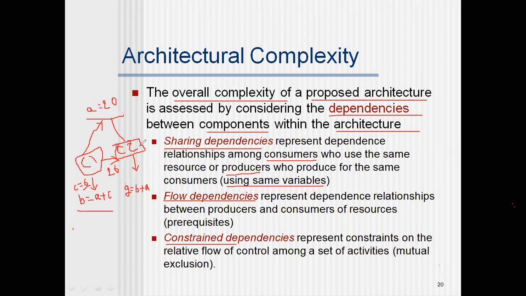So C2 is always waiting for the C1 response. In this kind of situation, we can't execute C1 and C2 in parallel, right? So these kinds of components are the constrained dependencies.